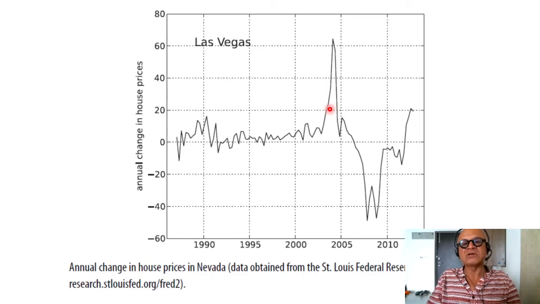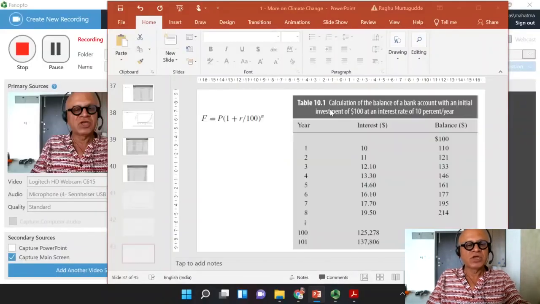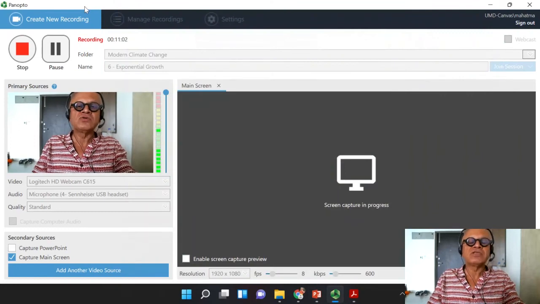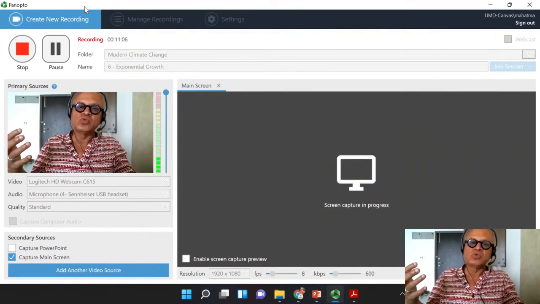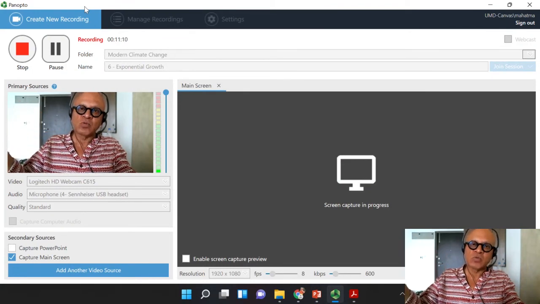So this is a good example of how exponential growth has limitations. Now, in the next podcast, we'll move to how we can use this same concept of exponential growth to think about investments for the future. Why? Because that's where we are headed.